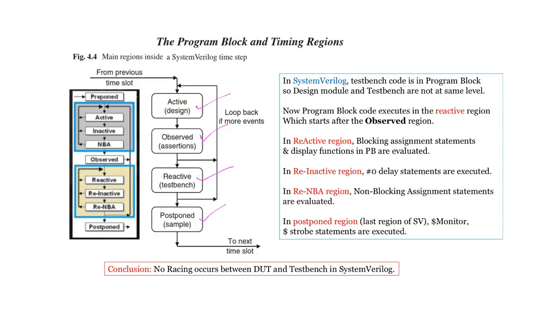The program block code executes in the reactive region, which starts after the observed region. After the observed region, if anything is going back, that means previously after making start signal equal to 1, by that time write is equal to 0, but after this write becomes 1, that is also given back to your DUT and it executes.